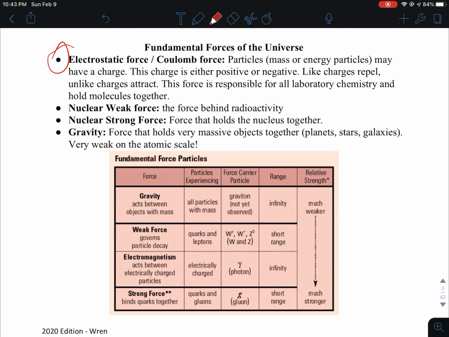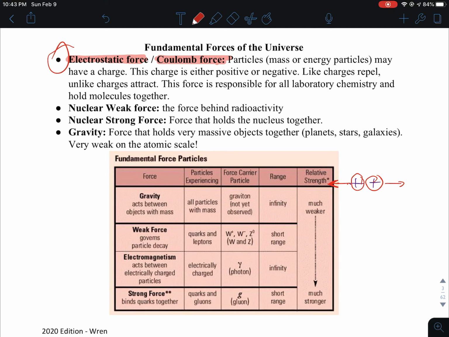One of the most important concepts I want to really nail down is the electrostatic force, or the Coulomb force. This is essentially the driving force for most reactions in chemistry.